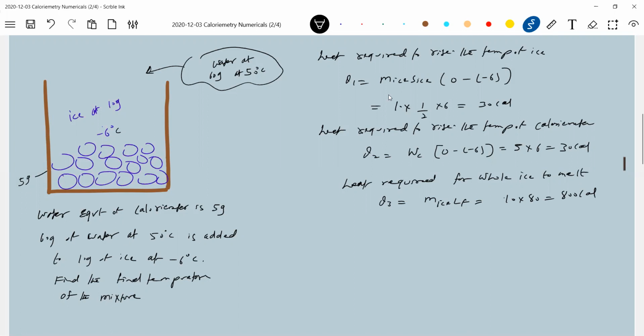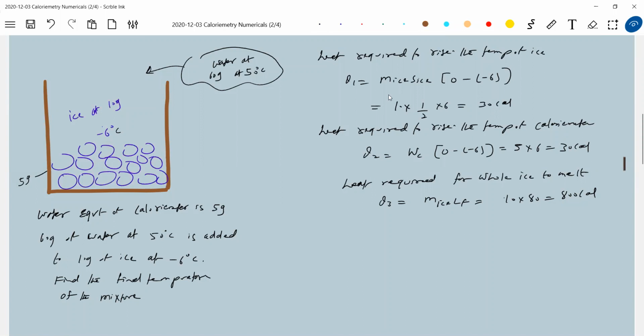Now, how much should the temperature of water decrease for this to happen? If the temperature of water from 50 becomes 0, how much heat is available? 3000 calories. But how much is needed for just this to happen? 860 calories.